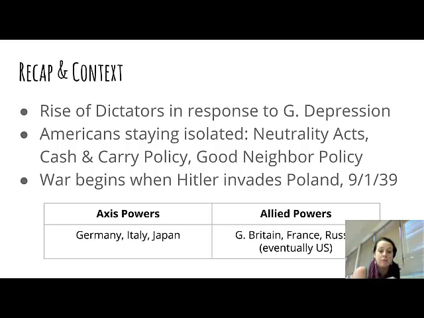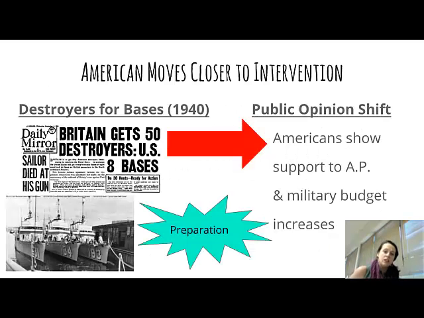However, Hitler's invasion of Poland really pulls the United States towards the Allied powers to help them out as much as possible without actually intervening in the war. So I'm going to discuss several examples of how America gradually moved into intervening in the war without actually fighting.